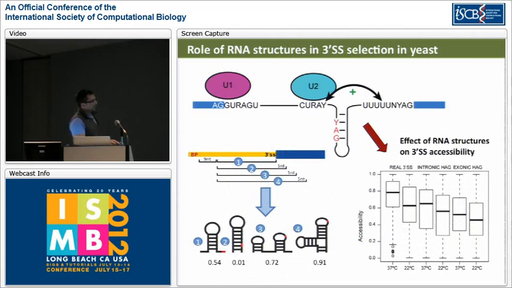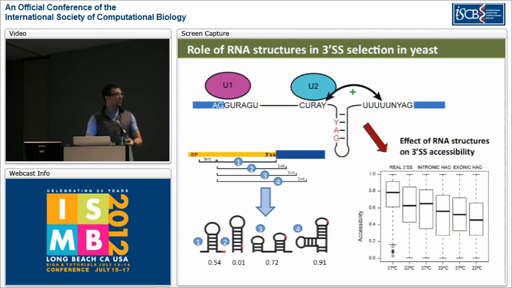Okay. The other hypothesis is that structures may hide the AGs which are cryptic. So to do this, what we did is scan the region between the branch site and the 3' splice site with windows of different length. For every window, you calculate possible structures. And for every AG that you find in these windows, you summarize the base pair probability.